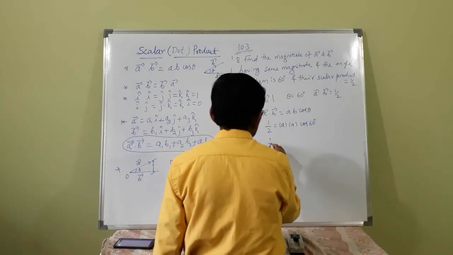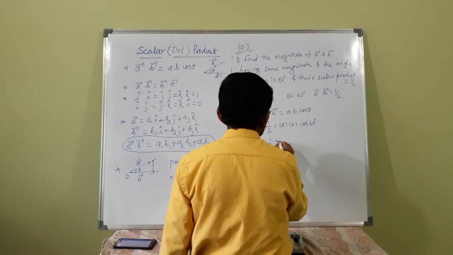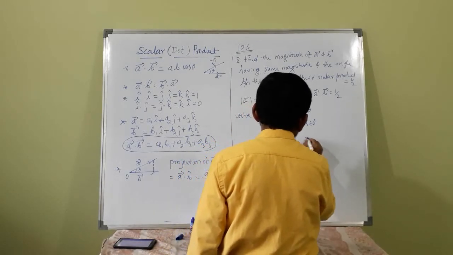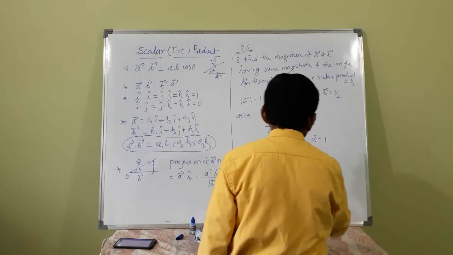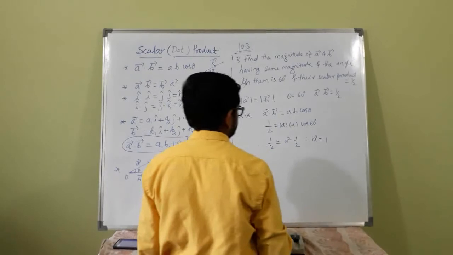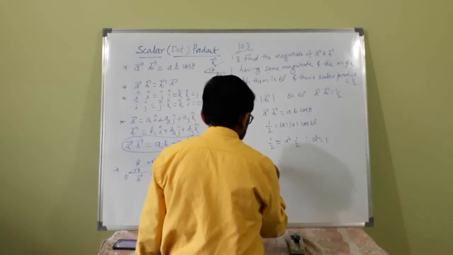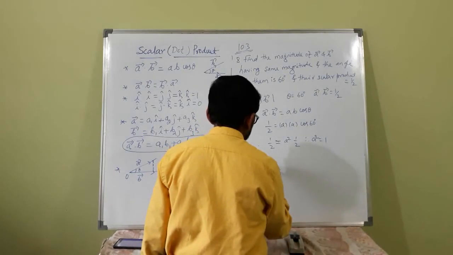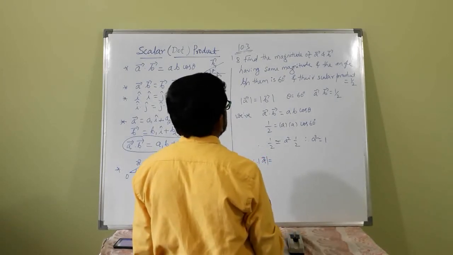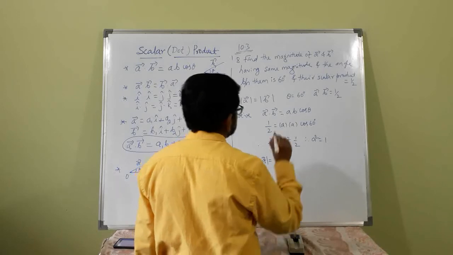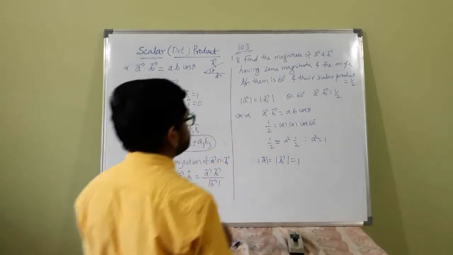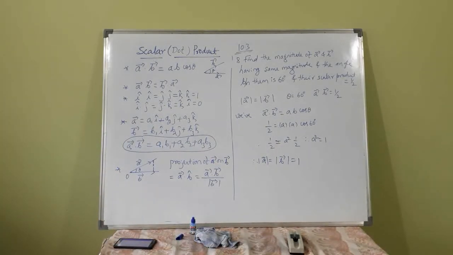Therefore, half is equal to A squared into half, or A squared is equal to plus 1. Don't take minus 1, this is magnitude. So, therefore, A is equal to magnitude of A. What is asked? Find the magnitude, yes, is equal to 1. These two are unit vectors.